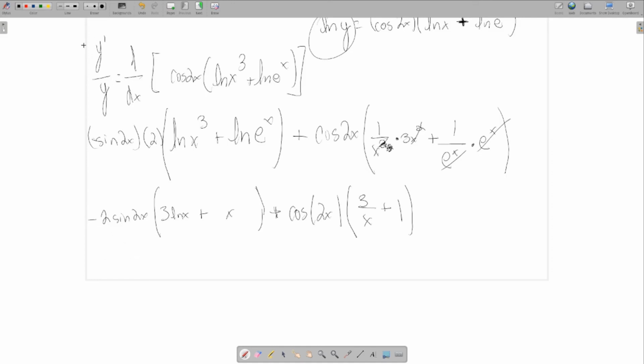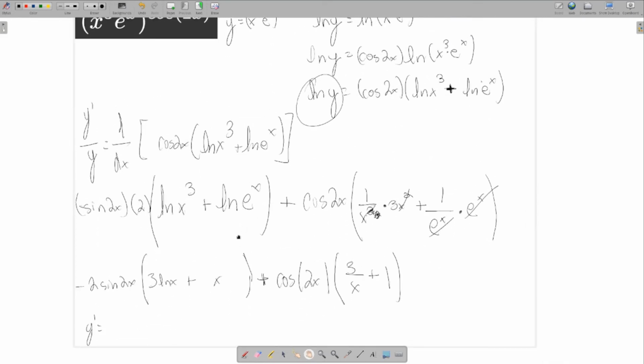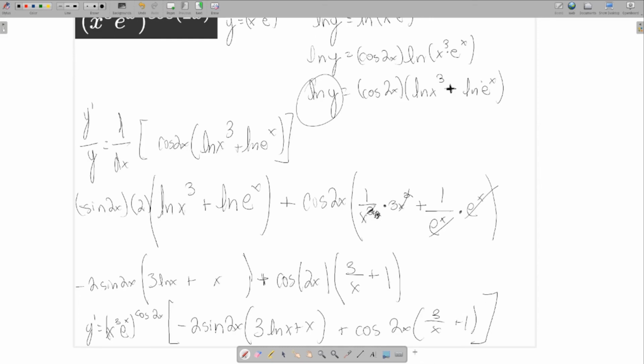This is going to be pretty squished. We're going to go back to this, multiply y on both sides, and we get y prime equals y, which in this case is x cubed times e to the x cosine 2x, multiplied by this entire thing, which is negative 2 sine 2x times 3 natural log of x plus x, plus cosine 2x times 3 over x plus 1, and we have solved it.